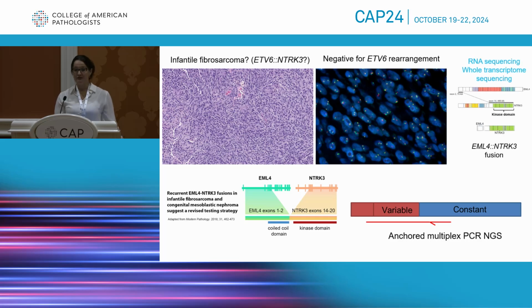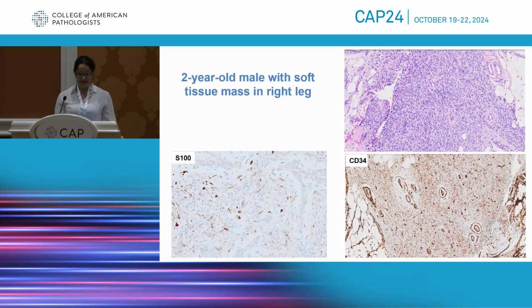But this would be a great opportunity really for whole transcriptome sequencing, because you don't really have to select your genes. You're looking at all the genes that are transcribed in the genome. And the comprehensive nature of whole transcriptome sequencing is an advantage over targeted panels, particularly in tumors that have heterogeneous biology, such as in this example, in which we have a spindle cell neoplasm in a young kid that expresses both CD34 and S100.